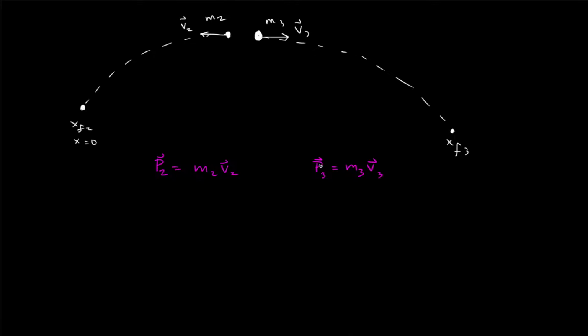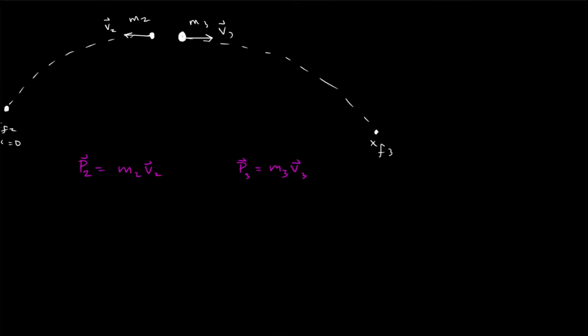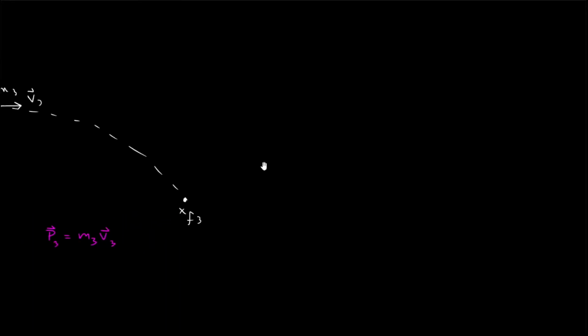But what's their total momentum? Well, we'll go over here and look at before they exploded. Right before they exploded, so the instant before, we have M1. Then they explode.